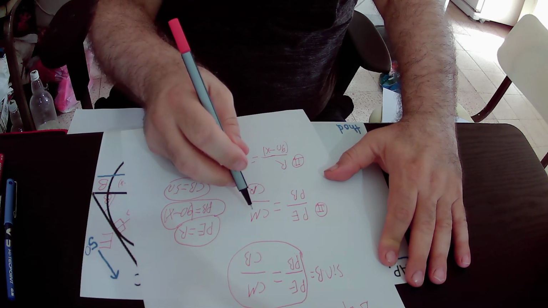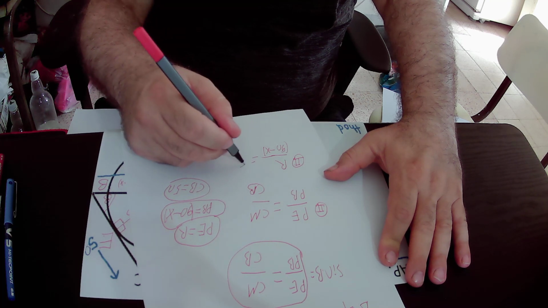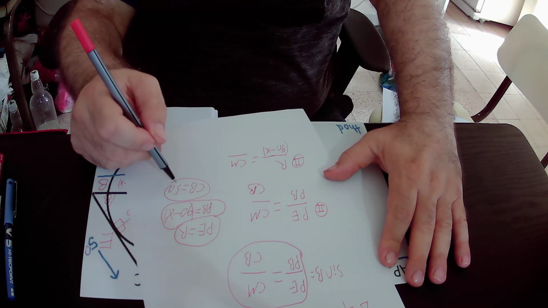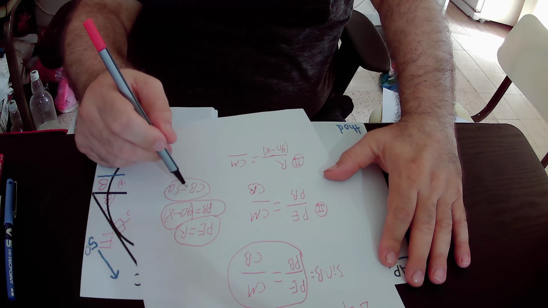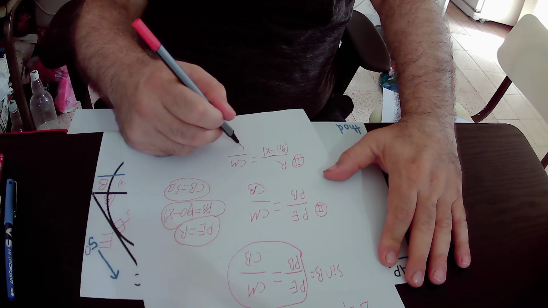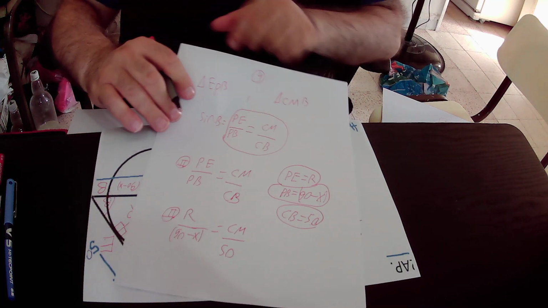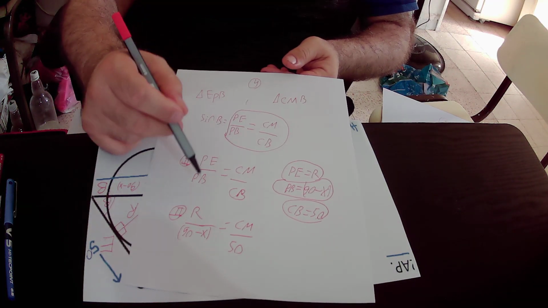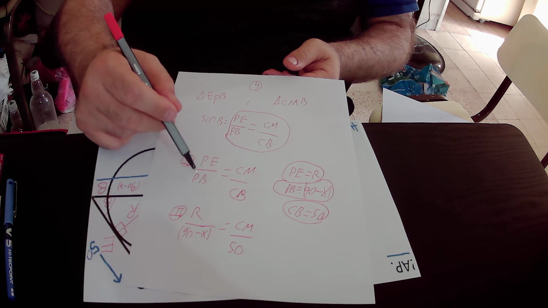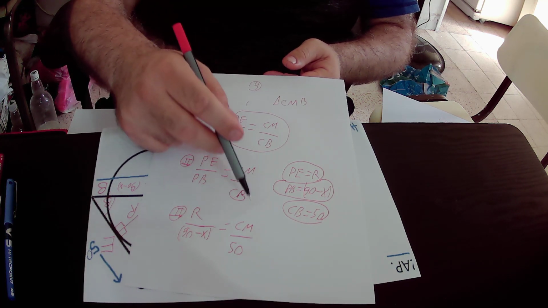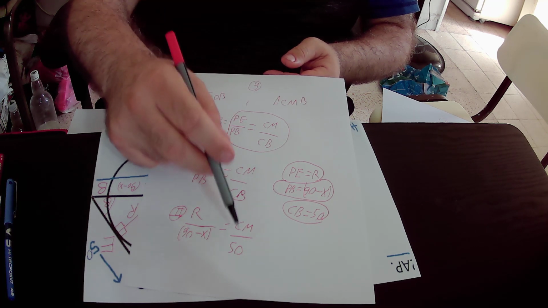And we will leave CM as it is over CB. CB equals 50 units, so we can substitute CB by 50. Again, we substituted PE by R, PB by 90 minus 6, we left CM as it is, and we substituted CB by 50.